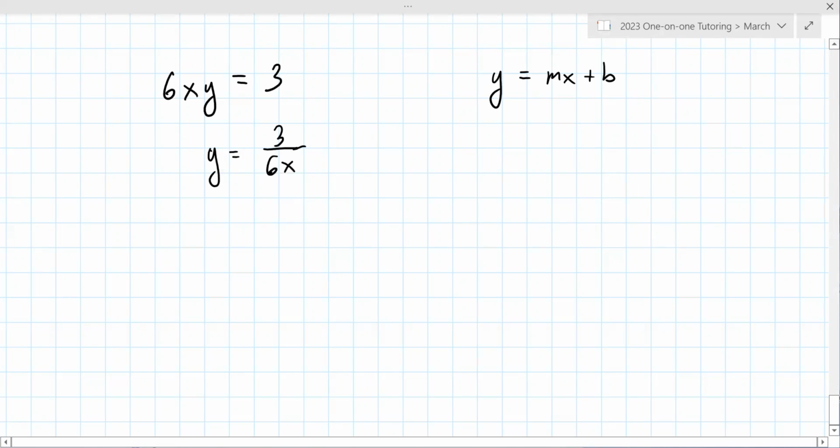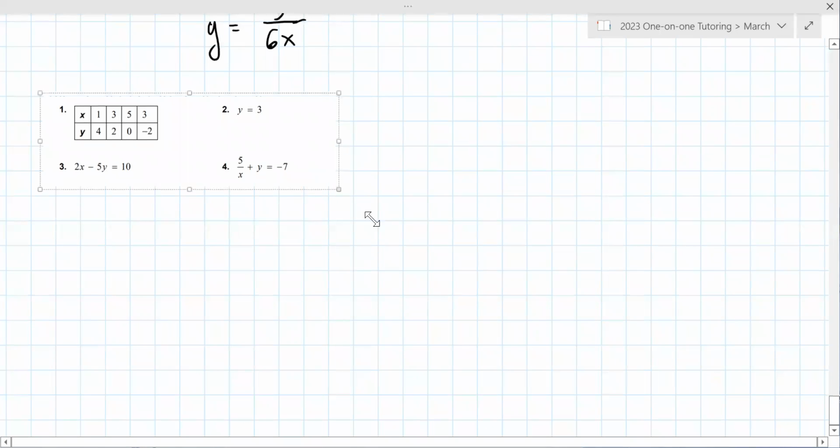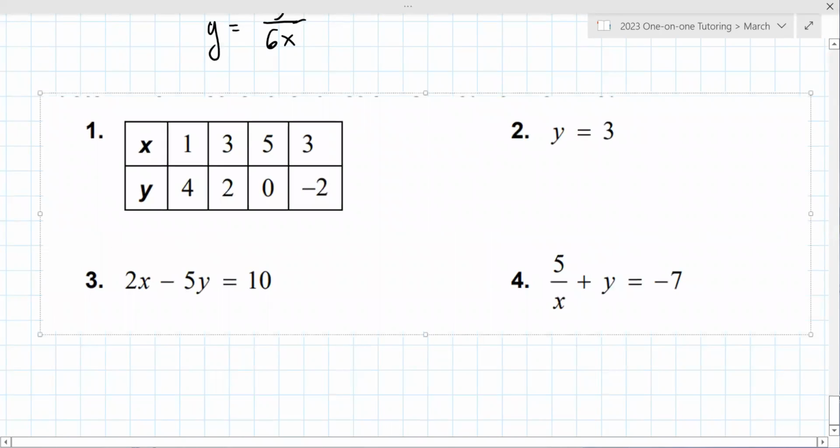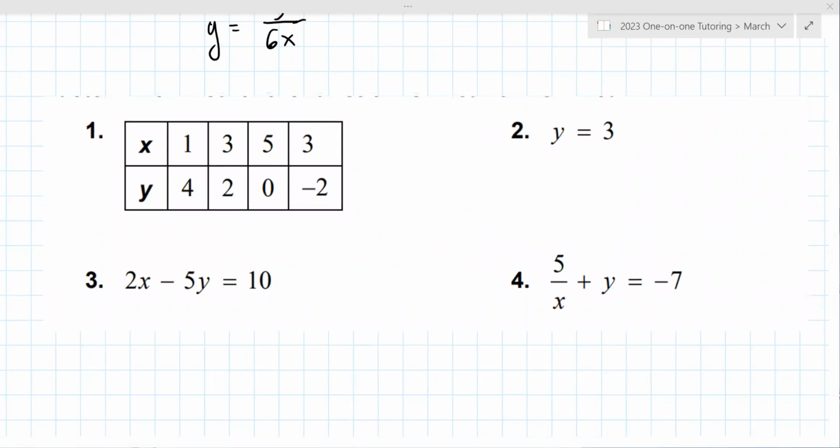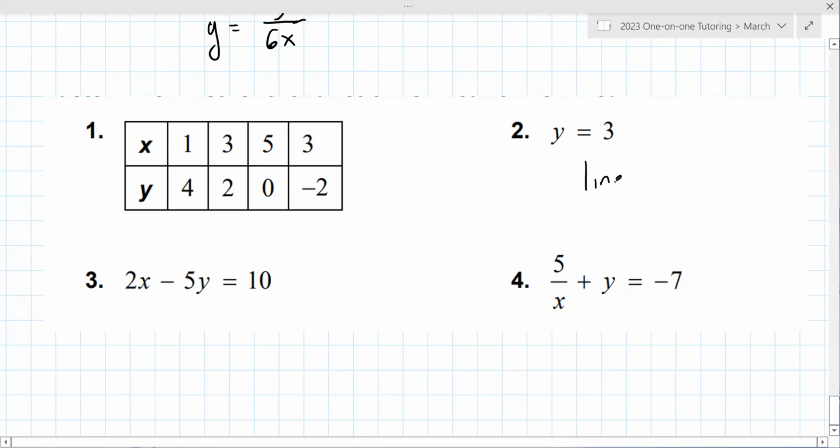Okay, so let me give you 4 more problems here, and I found something that might be okay. Then we'll move on to something else. All right, so linear or nonlinear for each of these. So 2 is linear, 1 is linear.